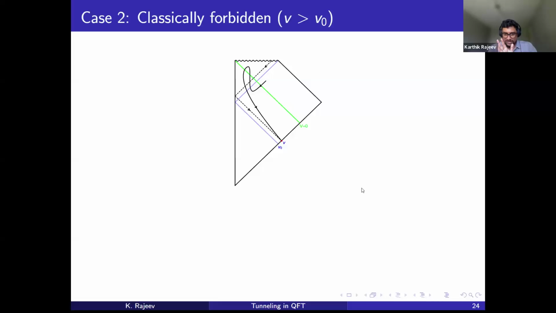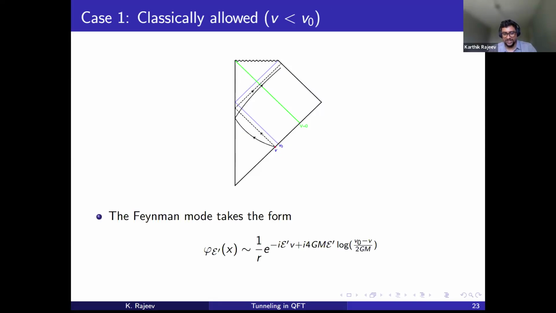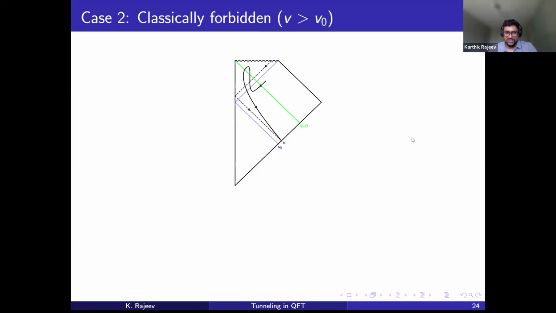You'll notice something different here. The geodesic sort of starts from the singularity and comes back to scri minus. That is not the case here, right? You start with V and you reach scri plus. It's going forward. But why is this? Why does it have to go back in time?